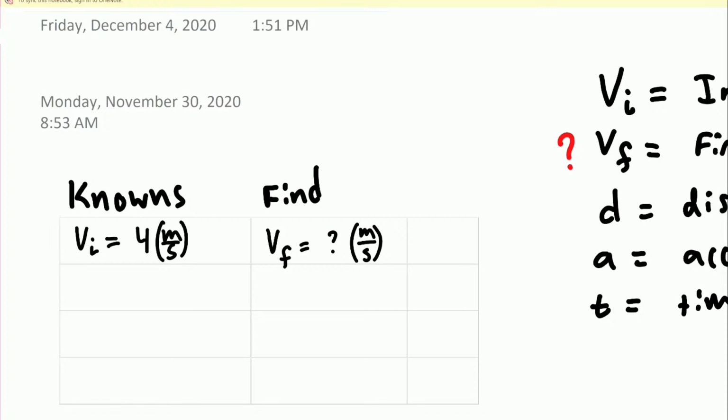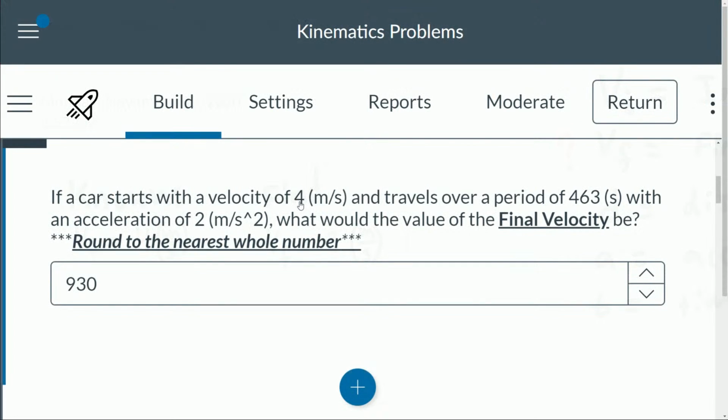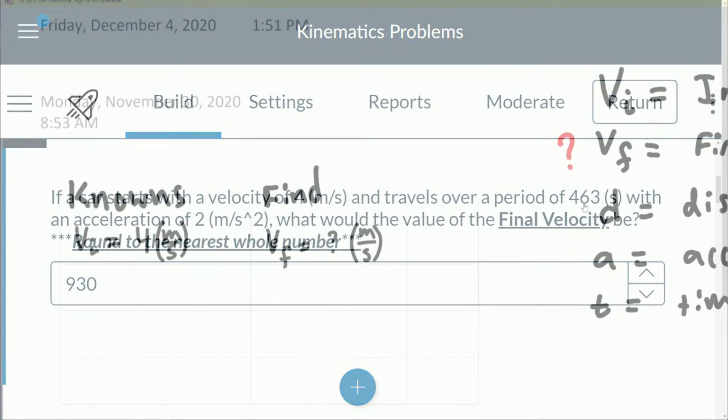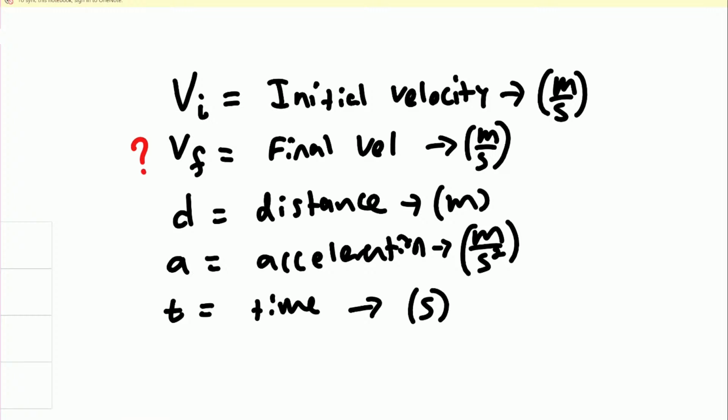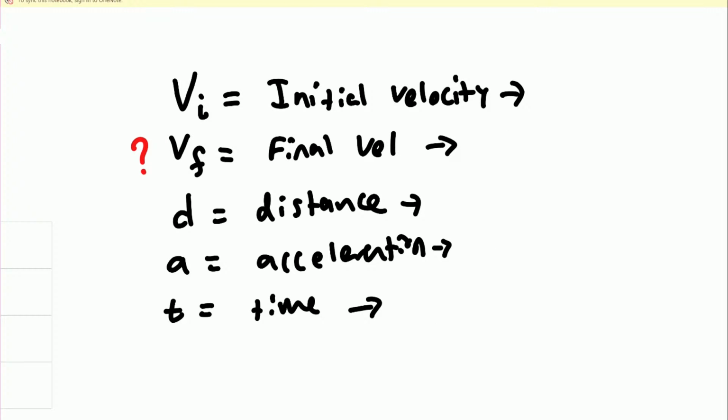Now, the next known that we're given, I continue on, it travels over a period of 463 seconds. So which one of these variables has units of seconds? And actually, let me do this. I'm going to use some different colors.